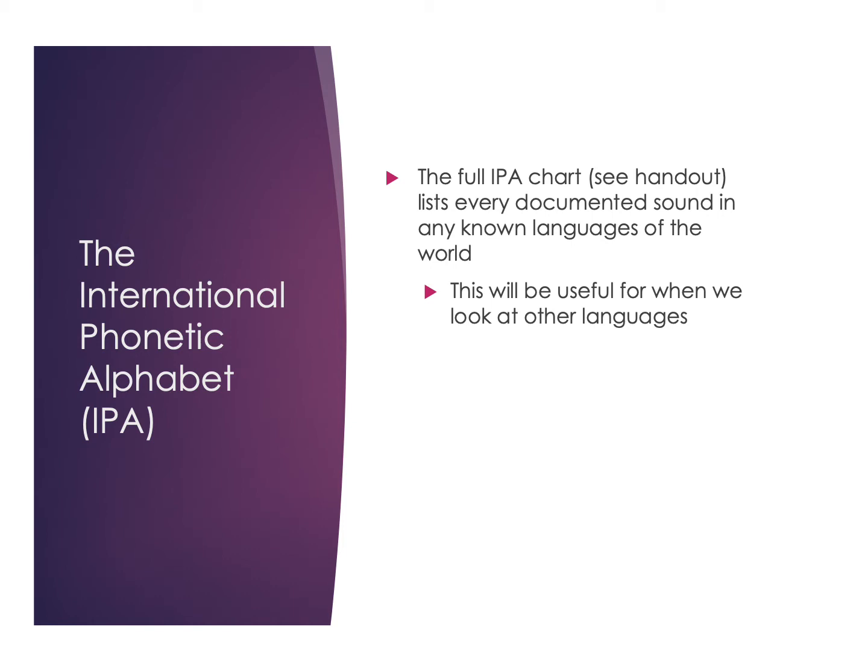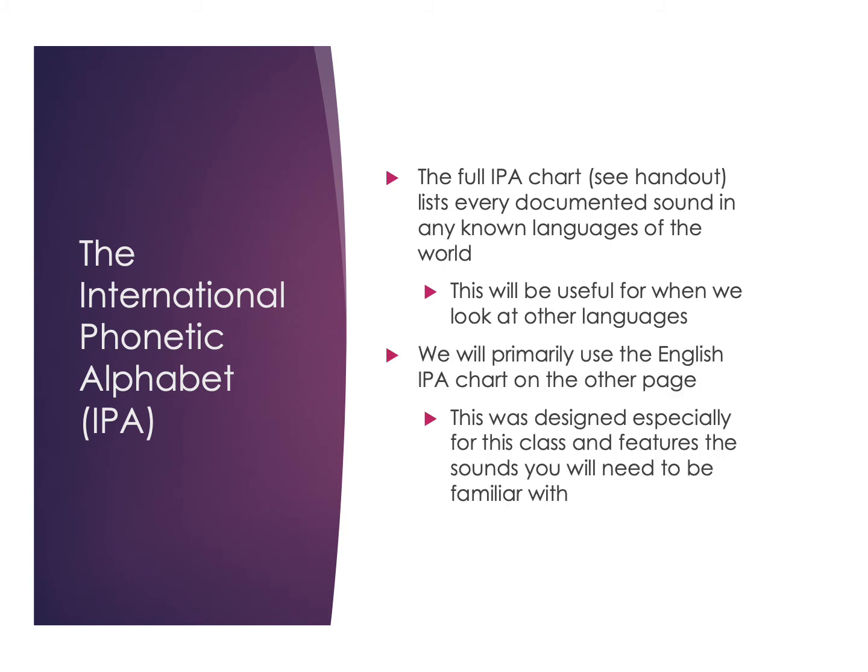So this side will be useful when we are looking at other languages besides English, but we'll primarily be using the English IPA chart on the other page. I created this chart specifically for this class to make it a little bit easier to follow along, to make it a little bit easier to understand. This is the side that you'll be using for the most part. This is the one I want you to study, I want you to be familiar with.